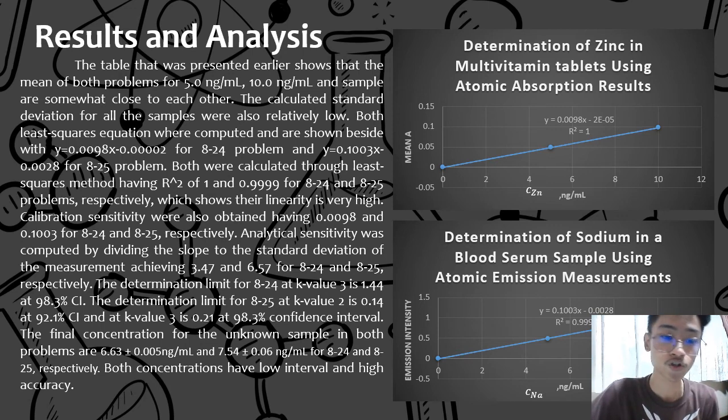The final concentrations for the unknown sample in both problems are 6.63 plus or minus 0.005 and 7.54 plus or minus 0.06 for the first and second problem respectively. Both concentrations have low interval and high accuracy.